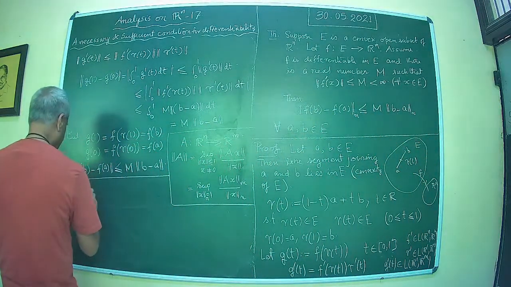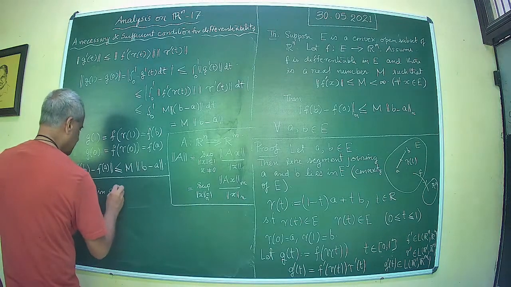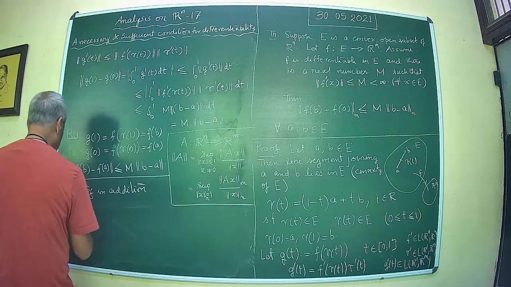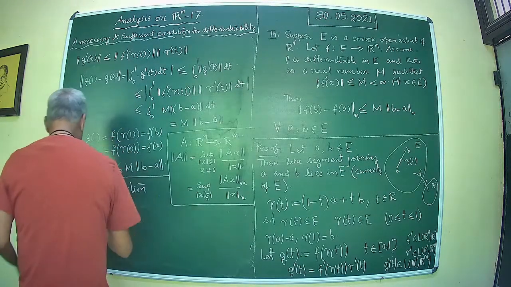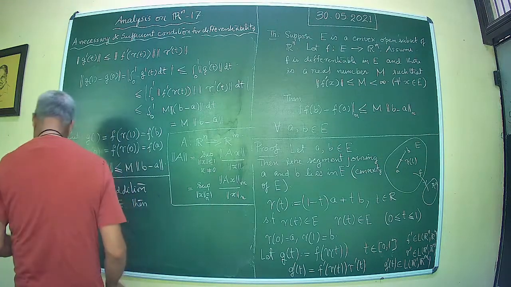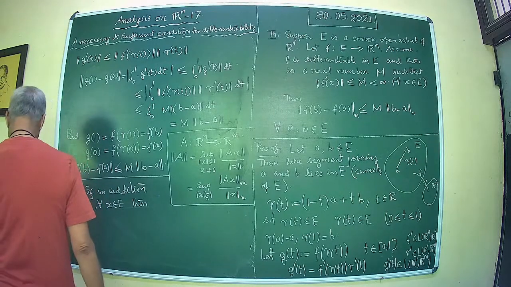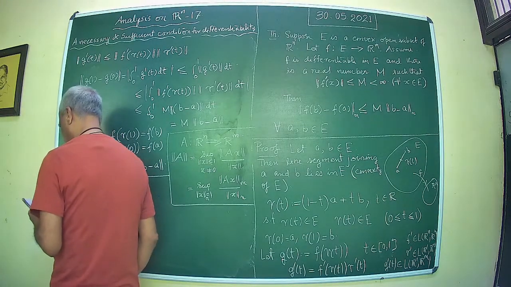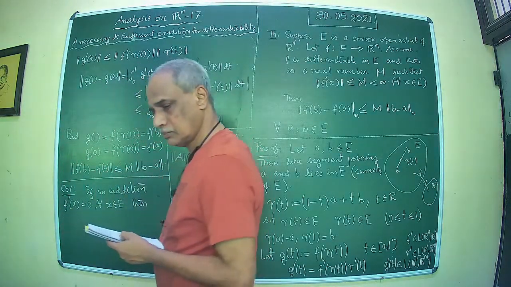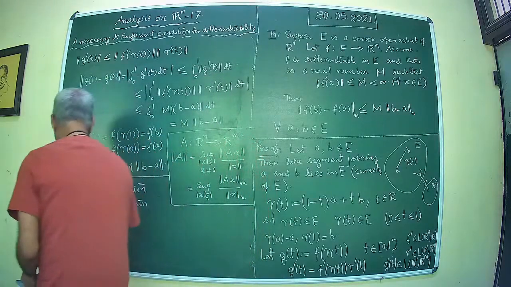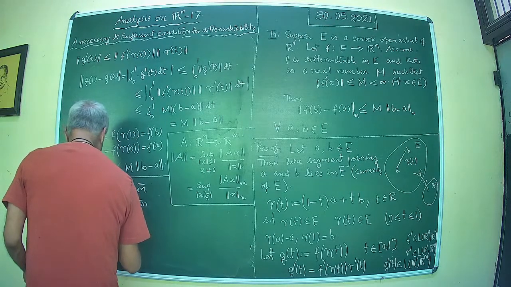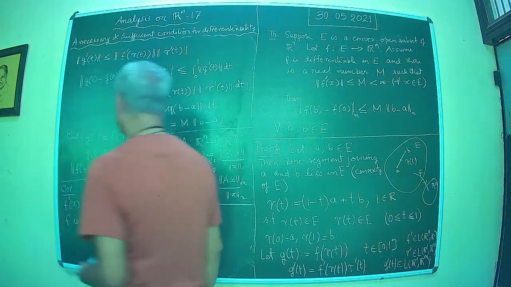If in addition f derivative of x equal to 0, then f is a constant. Okay, so look at this result.